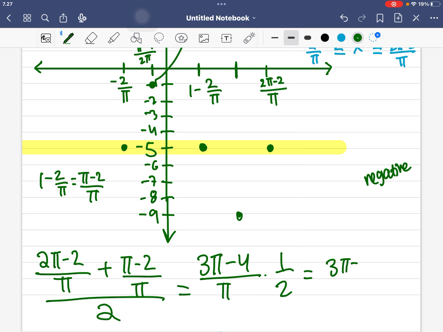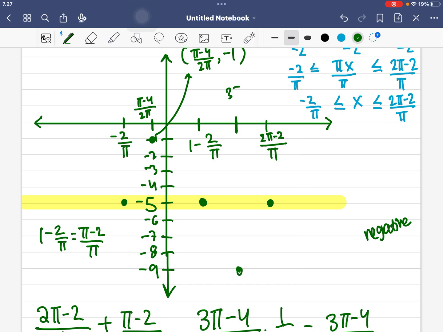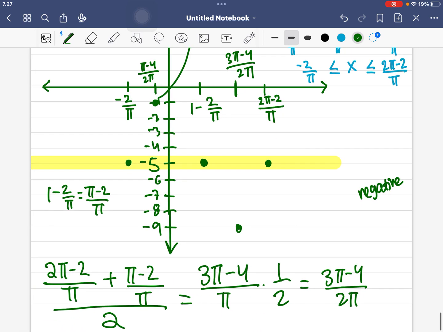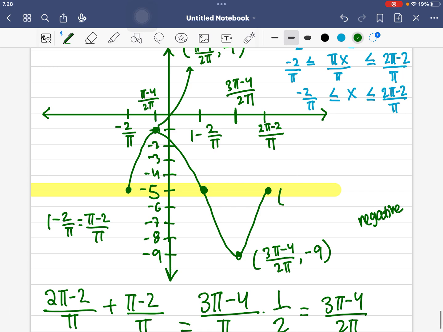That's 3 pi minus 4 over 2 pi. Okay, so you're done. These are your values here. So this would be 3 pi minus 4 over 2 pi, comma, negative 9. And these all have the same y values.